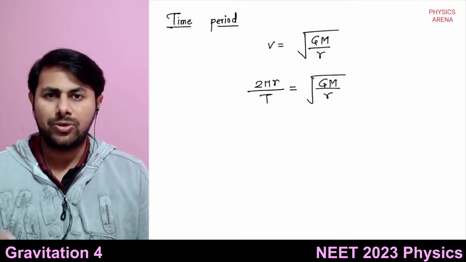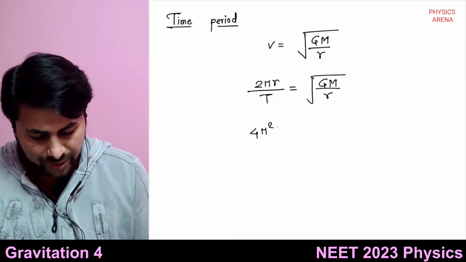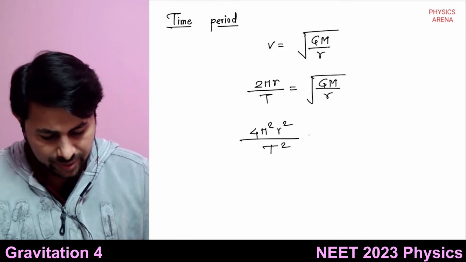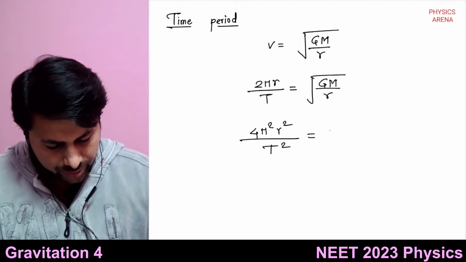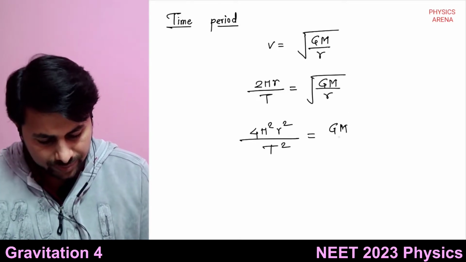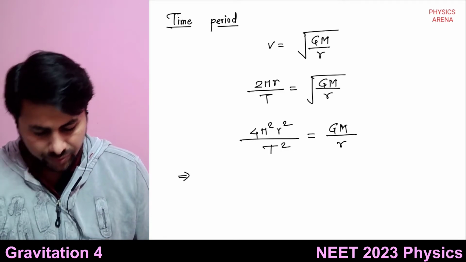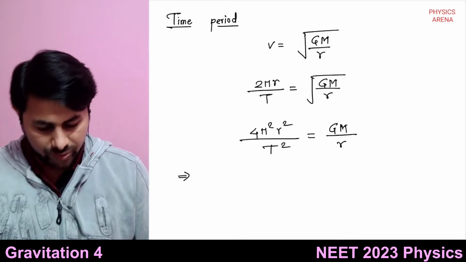Now we'll square both sides. So what do we get? We get 4 pi square r square divided by T square. It's equal to what? Squaring the square root gives GM divided by r, right? Then we can rearrange this, and by rearranging, what do we get?